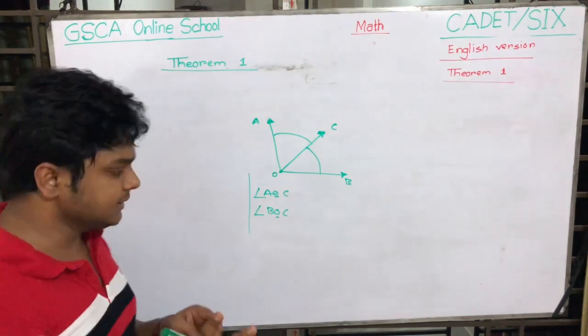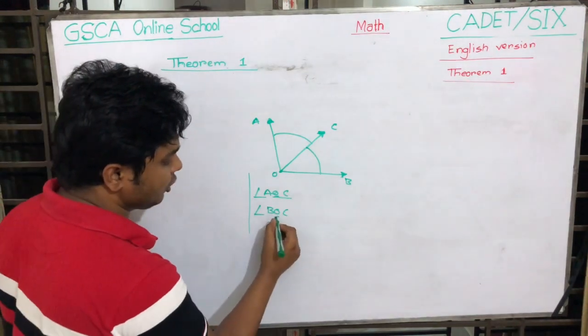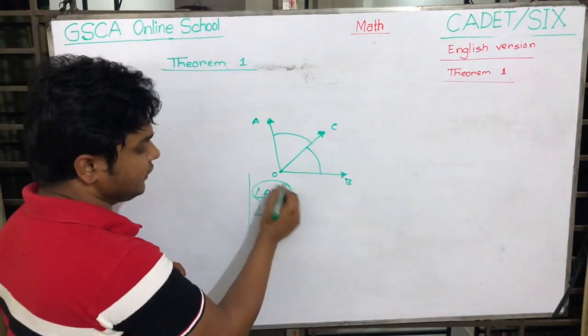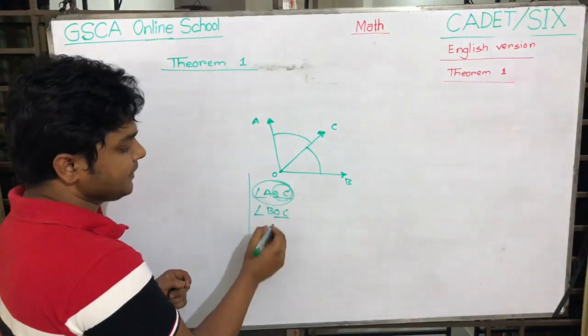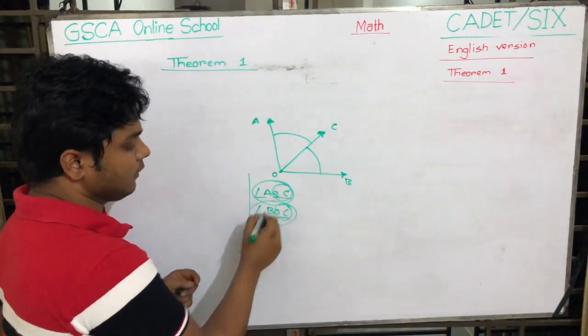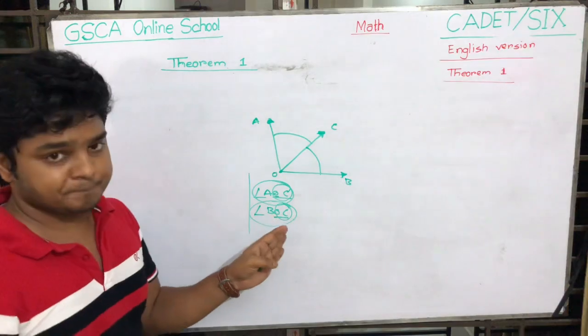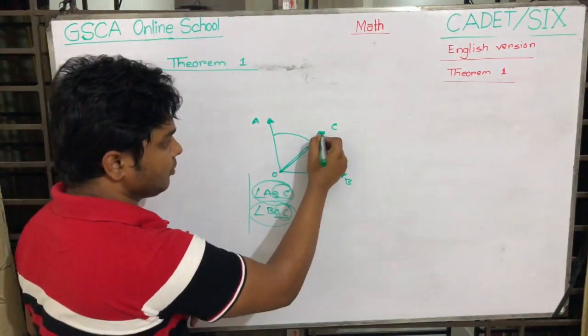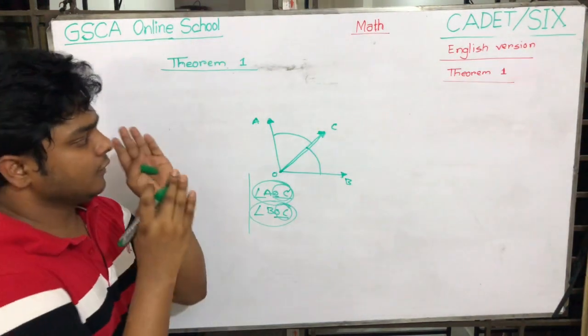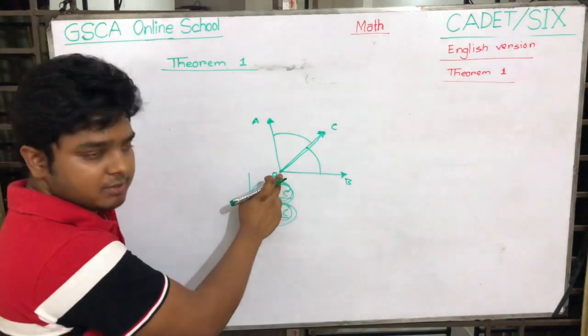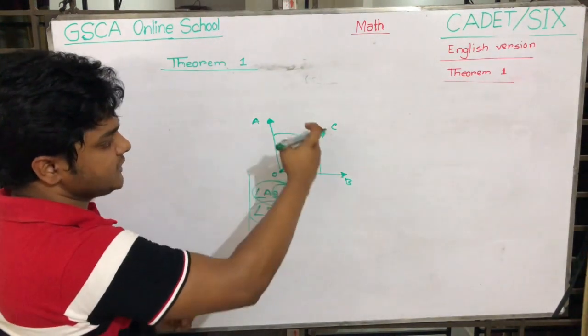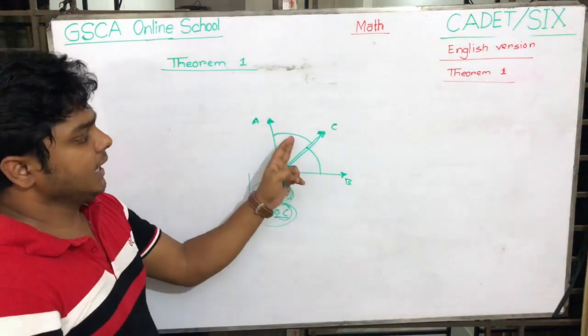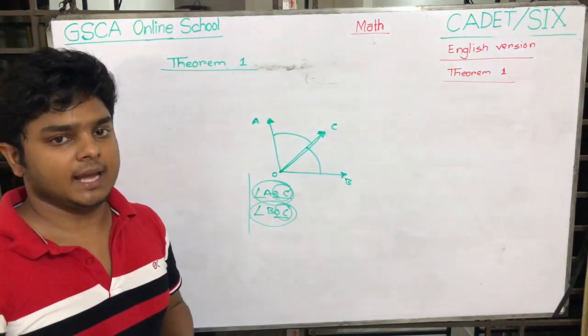And another thing is there should be a common side. If we write AOC, there is OC. If we write BOC, there is also OC. So OC is a common side. With a common vertex and common side, AOC and BOC are called adjacent to each other.